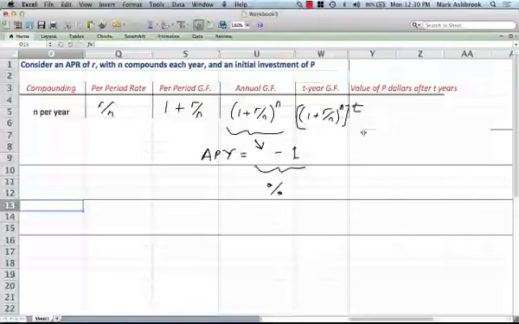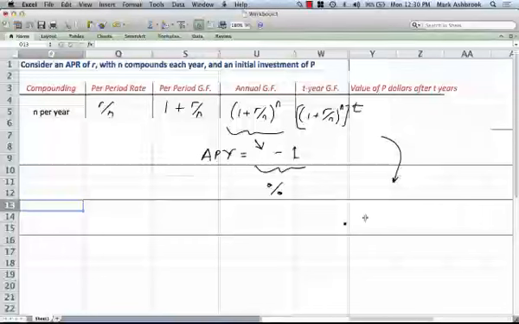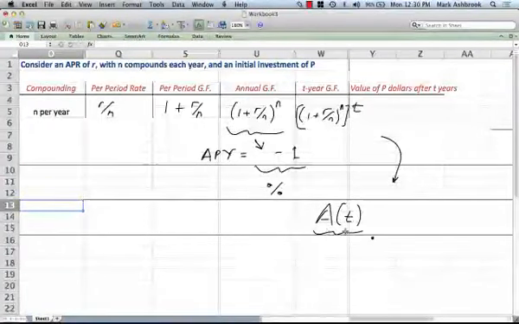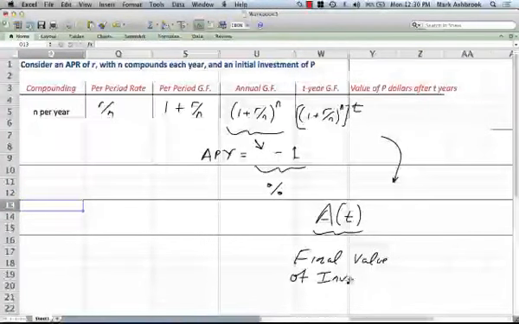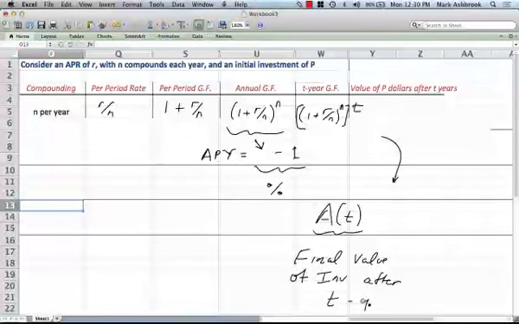Okay, value of P dollars. So now what we have is a function of the number of years, and this is the final value of our investment after T years.